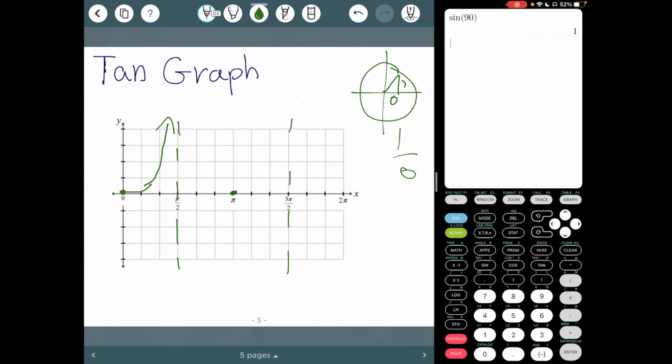So from here, the left side goes down towards the left asymptote like this, and the right side goes up towards the right asymptote. And then here, we can see that every pi, it's the center of the graph, split into these sections with asymptotes.